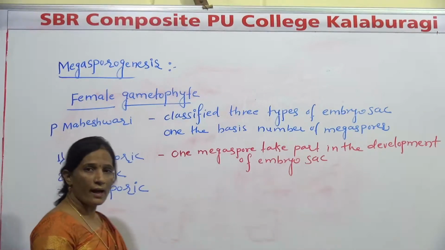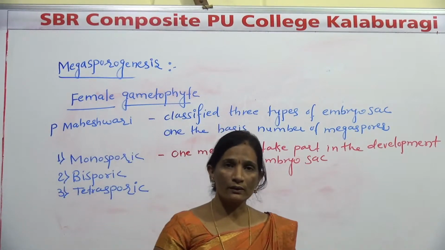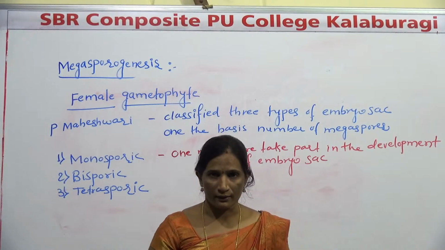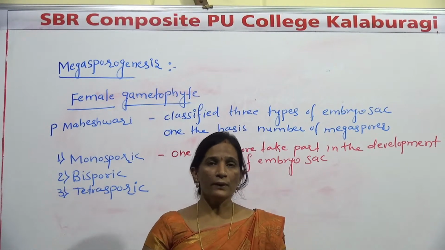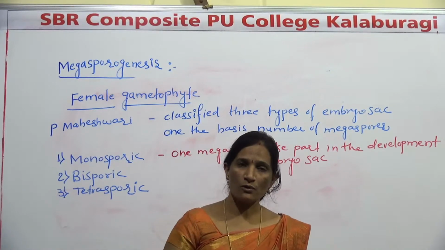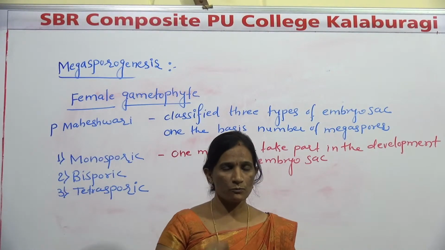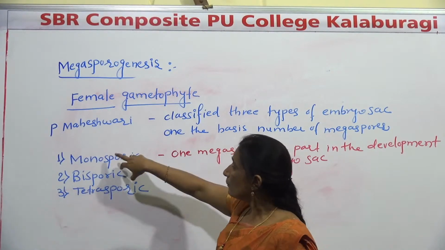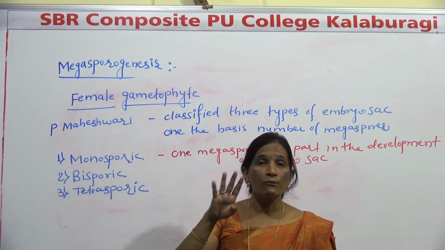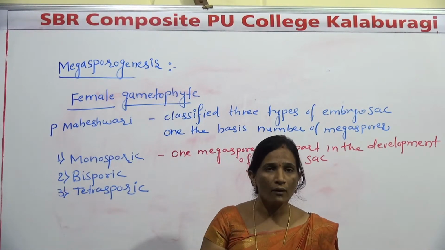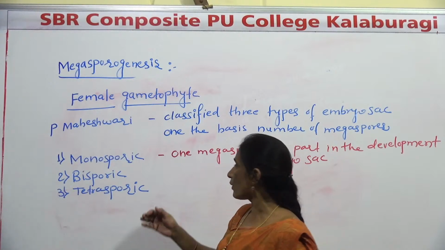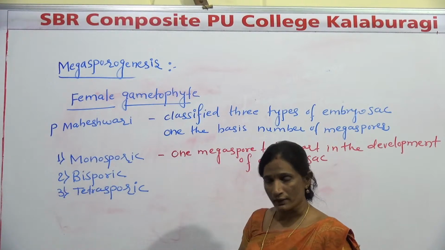That is called the monosporic type of embryo sac. Is it clear? At the end of meiosis, how many megaspores are formed? 4 megaspores are formed. But in monosporic, out of 4 megaspores, only 1 megaspore takes part in the development of the embryo sac, that is called monosporic.